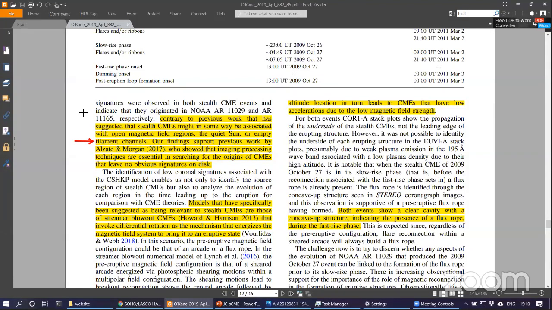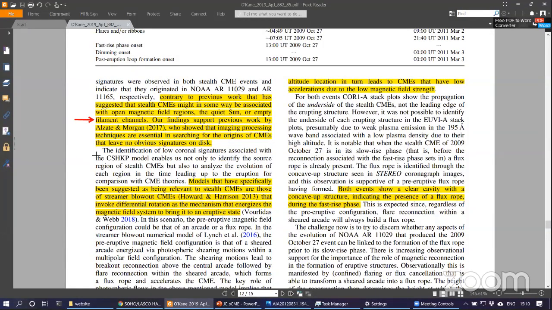But with this kind of study, incorporating image processing techniques, these authors have shown that it may be possible that it is associated with active regions, but since they are originating higher up in the corona, we do not have on-disk signatures. That can be one possibility, which is again in support of one previous study by Alzate and Morgan.